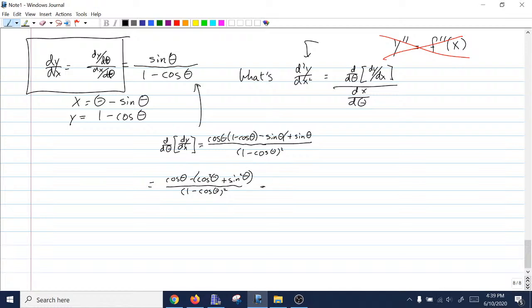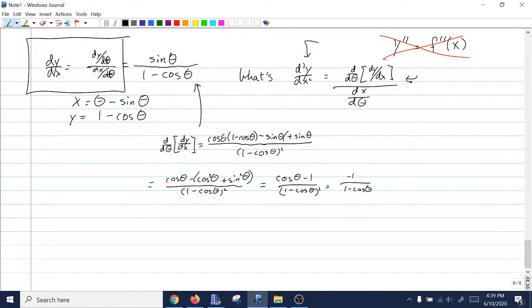That makes 1. I get cosine theta minus 1 over 1 minus cosine theta. Oh, hey! Those are the same, but they're off by minus 1. If I factor out that negative 1, the 1 minus cosine theta will cancel. I'm left with negative 1 over 1 minus cosine theta. That simplifies really neatly.